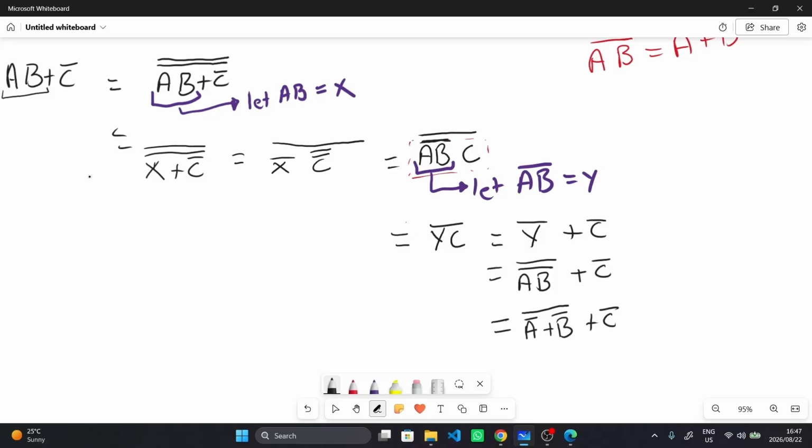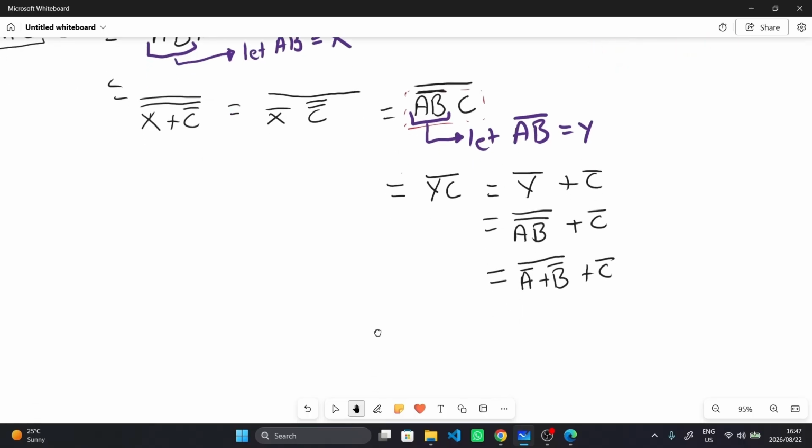So I would say when you have addition here, first change all the addition into multiplication, then change all the multiplication back to addition when using NOR gate, right? So using NOR gate is a bit harder, but yeah.